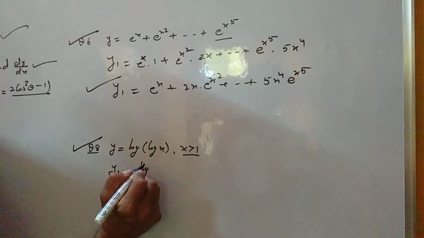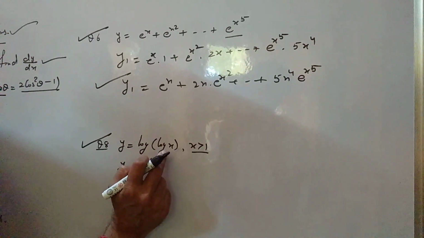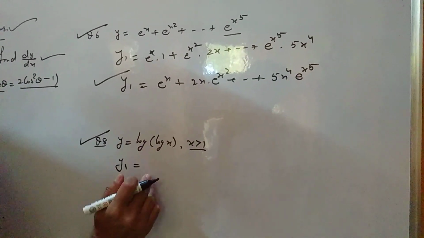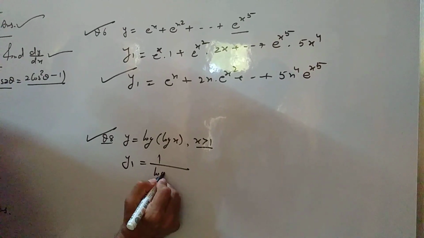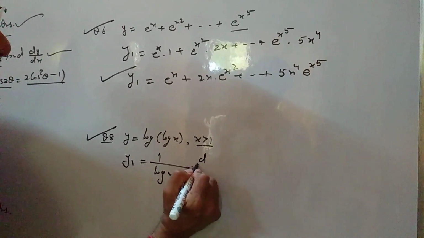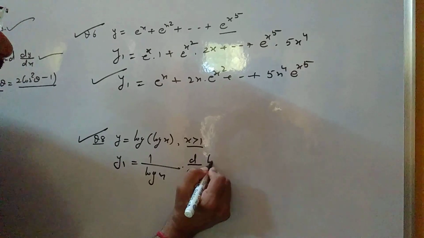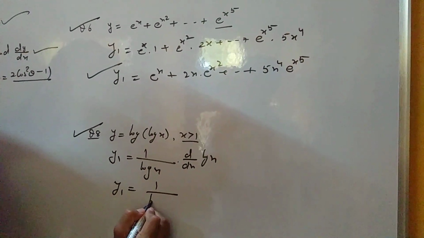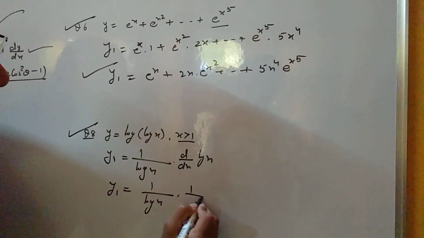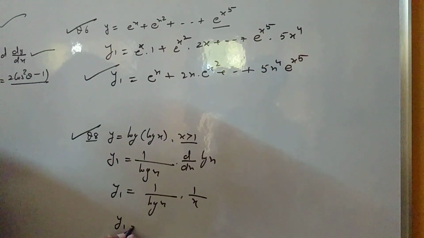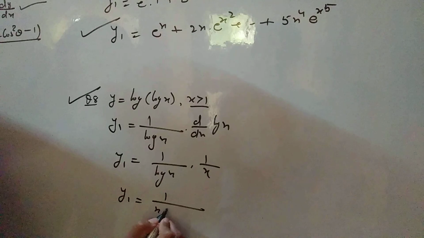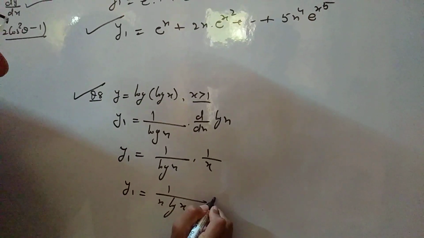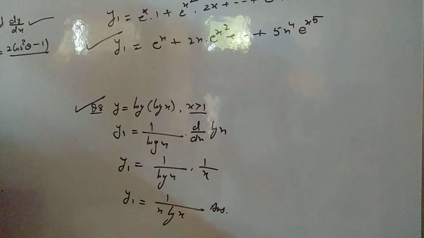The differentiation of log of log x is 1 upon log x. After that, the differentiation of log x is 1 upon x. So our differentiation is 1 upon log x into 1 upon x, and our final answer is 1 upon x log x. That is the answer of this question.